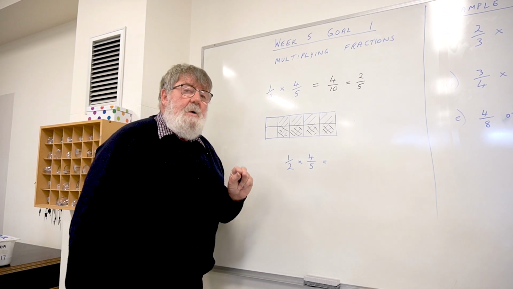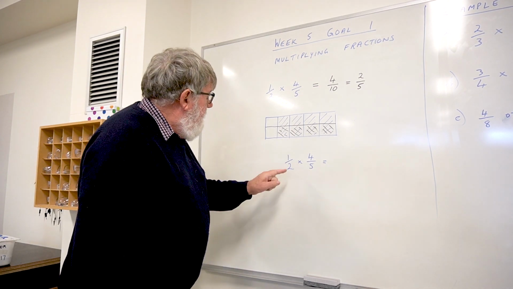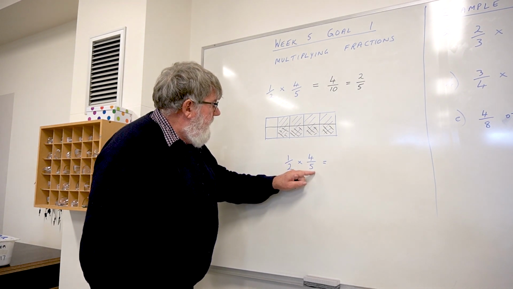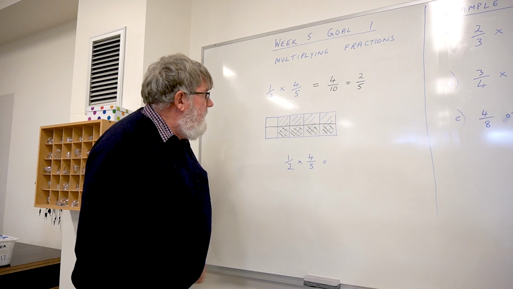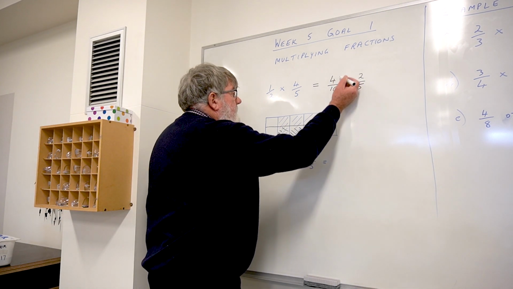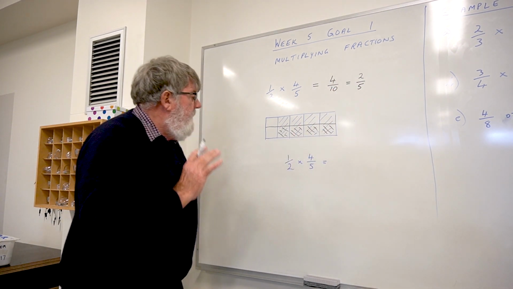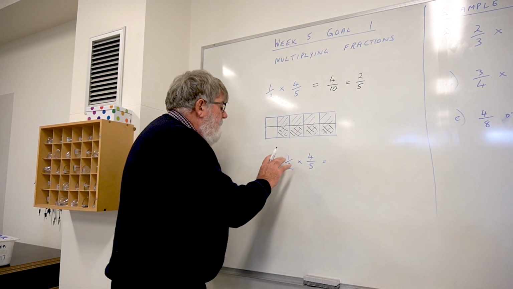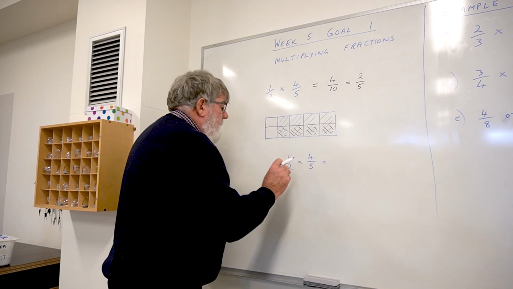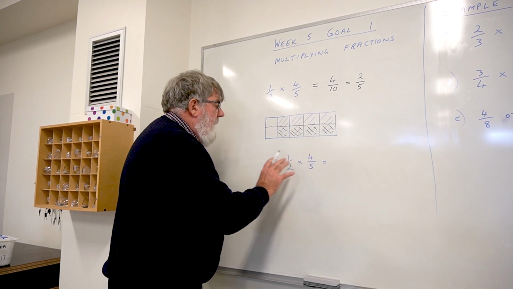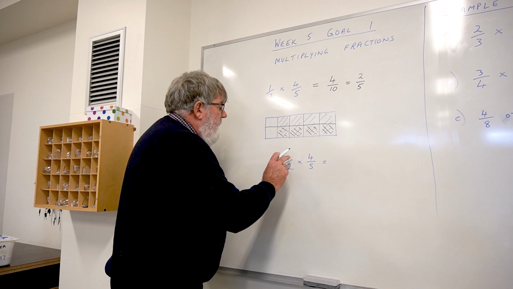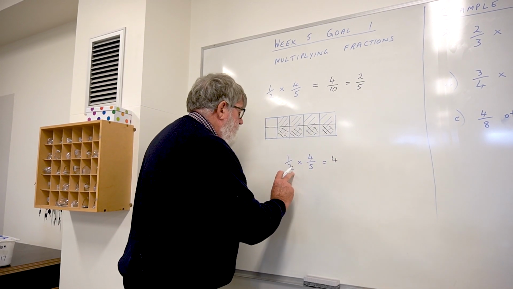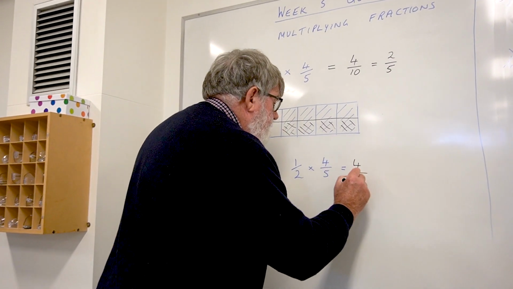Is there a better way? And the answer is yes. First of all though, we need to look at our sum and see, is there any simplification, cancelling down, I can do before I start? I'll show you why that helps. If I was to do a half times 4/5 and didn't worry about cancelling, your rule for multiplying is 1 times 4 is 4, 2 times 5 is 10.